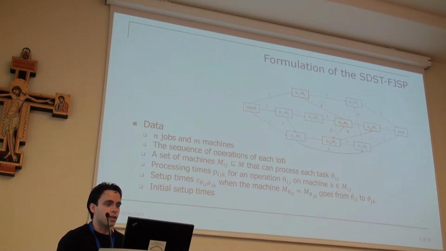We also consider initial setup times, which occur before the first task of the machine can be scheduled. So this would be the solution graph for the flexible job shop with sequence-dependent setup times.